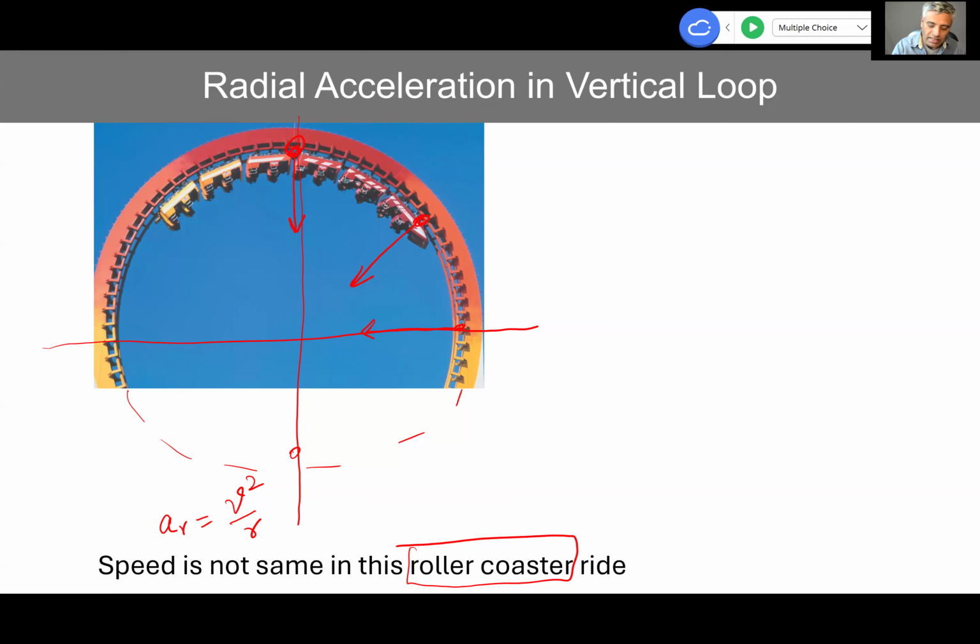But if it is somewhere in between, then we need to think in terms of components as well. So for this class, I'm just focusing on the easy points like top, bottom, and side. Could be left side or right side, same idea. Okay, so that's what we're going to be focusing on here. And by the way, I also posted a new worksheet, and that worksheet has a very fast problem, very similar to this one, okay?